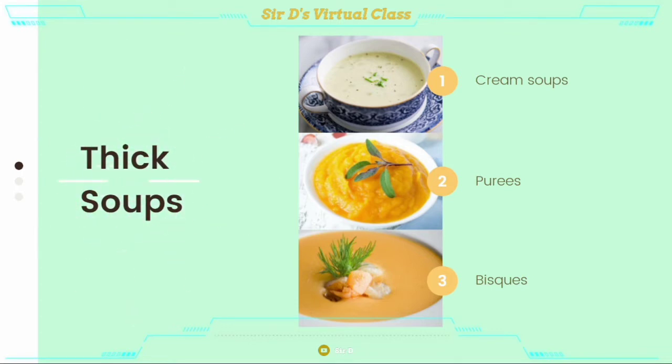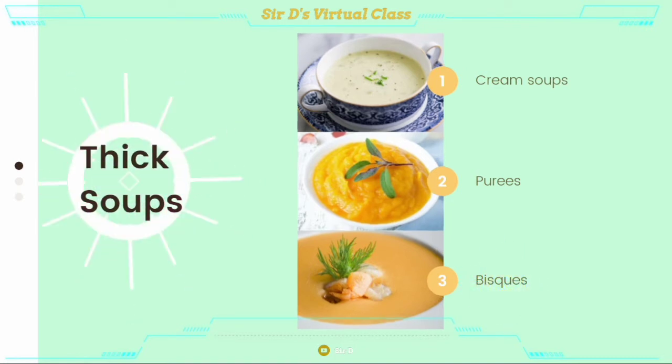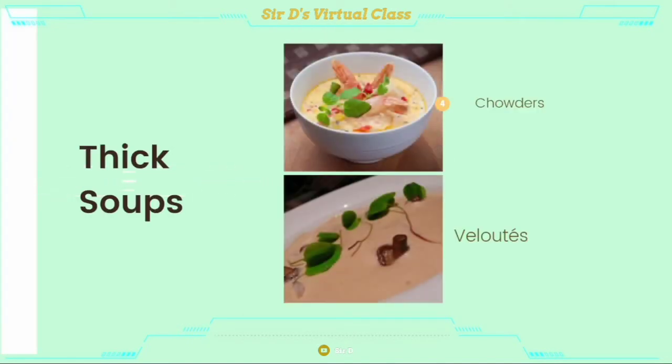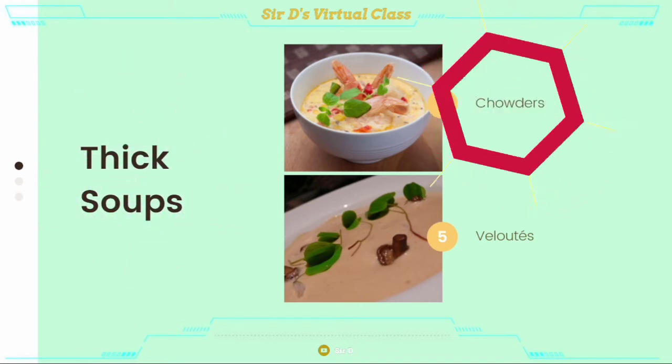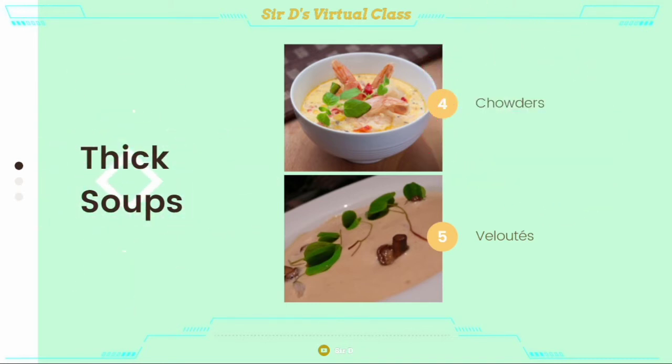Then third, bisques are thickened soups made from shellfish, commonly lobster. To continue, at number 4, chowders are hearty soups made from fish, shellfish, or vegetables, usually containing milk and potatoes. And at number 5, veloutés, soups thickened with egg, butter, and cream.